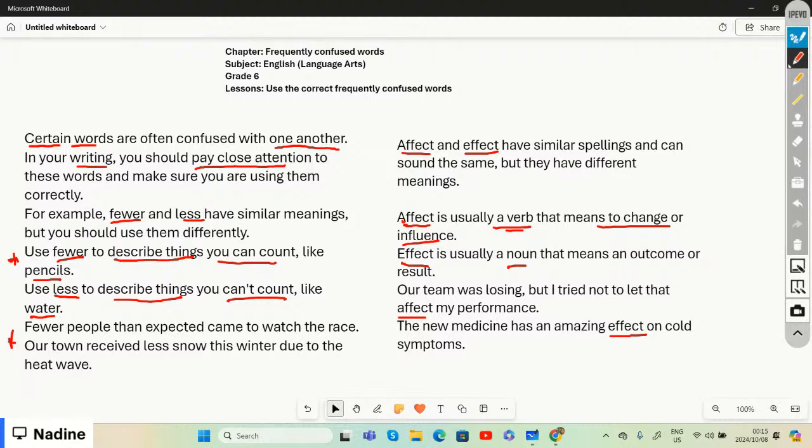And remember, you need to pay close attention to words and make sure you are using them correctly.